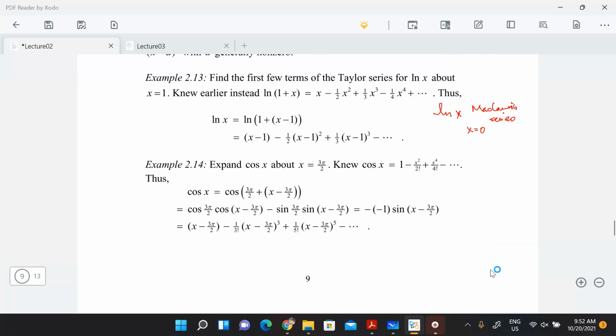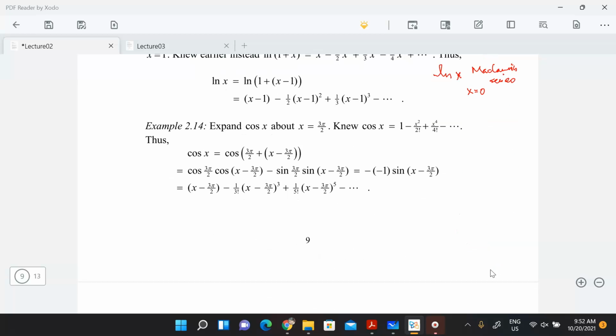Right. So here's another one, a cosine x. The one that we have seen, the one that you're supposed to derive, is cosine x expanded about x equals 0. Now suppose I ask you to do cosine x expanded about a different point. So what do you need to do?